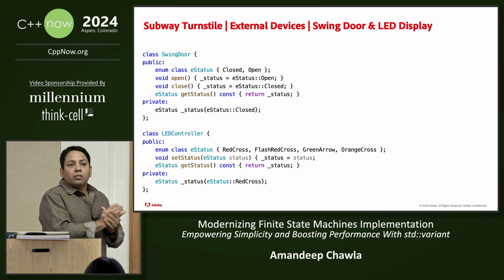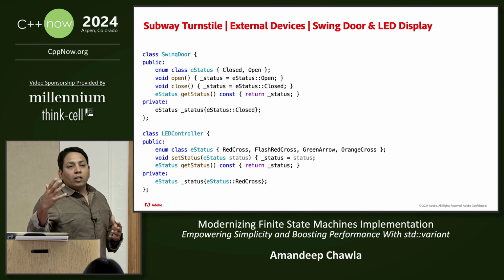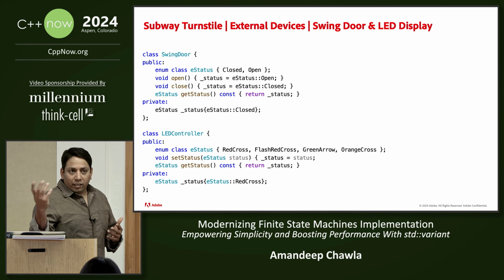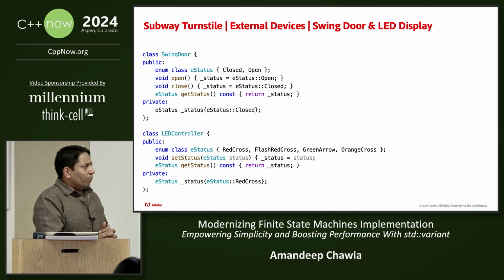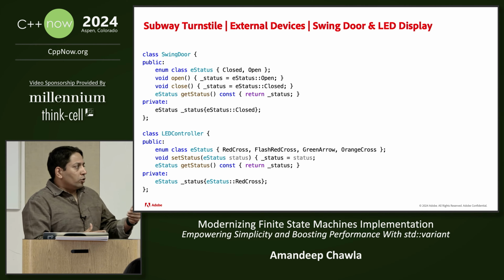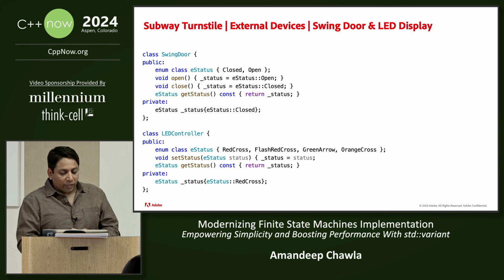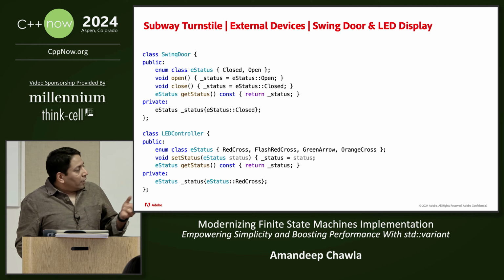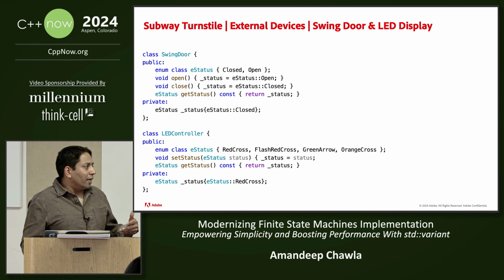The red cross means you can't cross. Flashing red cross means we were not able to process your card for any reason, and mostly it also emits some beeps. And the green arrow is to let the people across. And the orange cross, we will see what the use of that is. And similarly to the swing door, we have 2 functions on it, set status and get status.